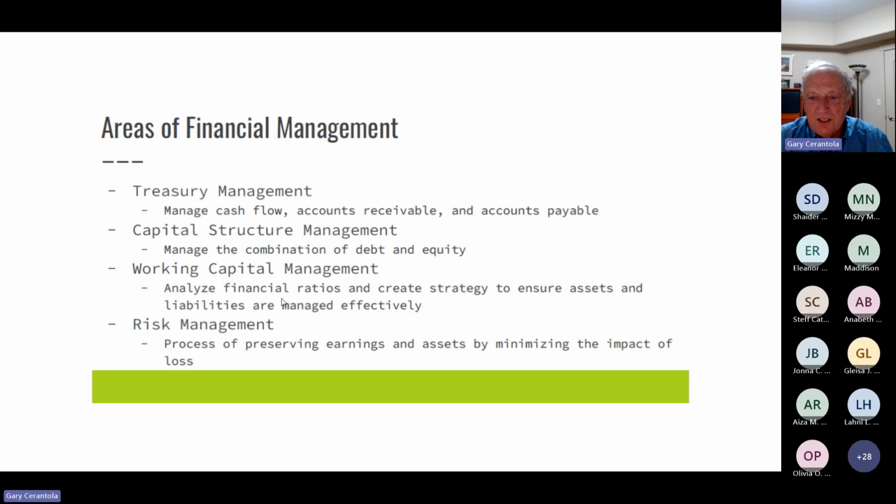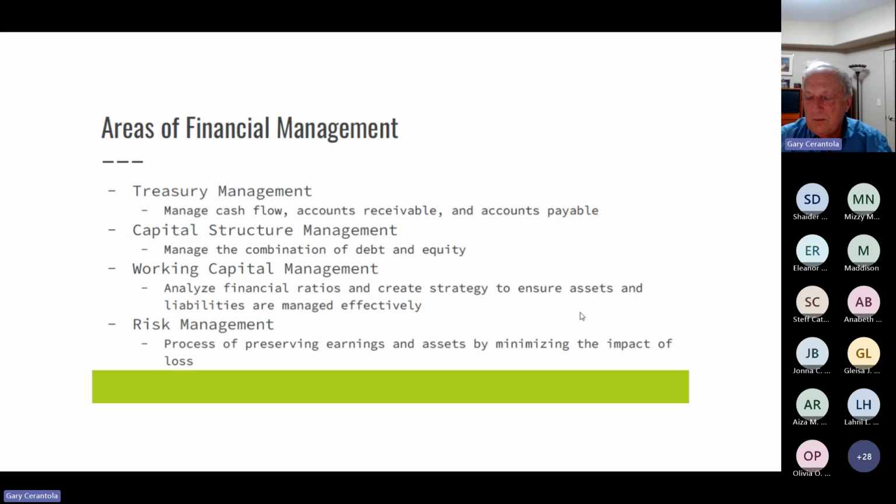So what you'll do then is you'll analyze financial ratios, and we're going to get to those 15 ratios that you have to calculate for this assignment as an addition to the Cupcake exercise. And then you create a strategy to ensure the assets and liabilities are managed effectively.